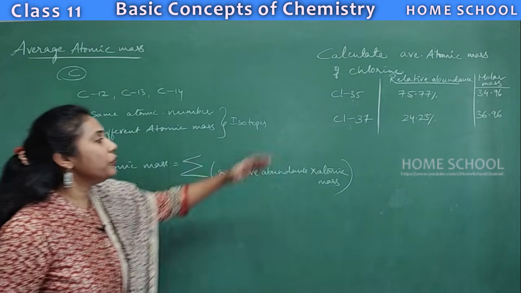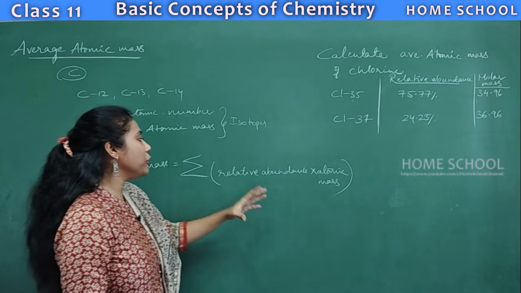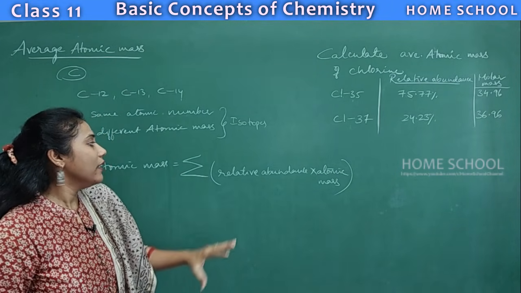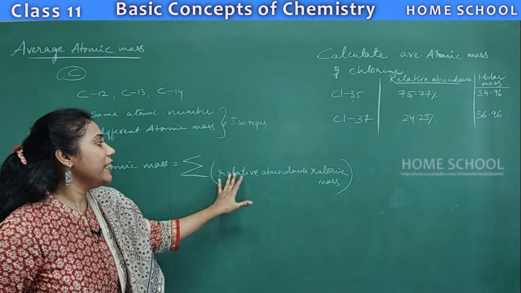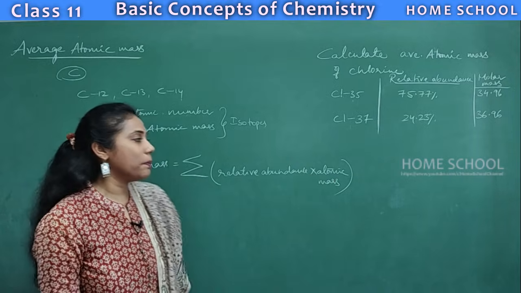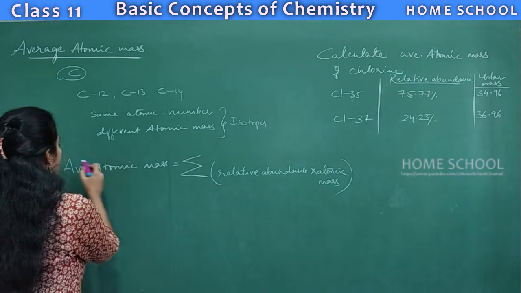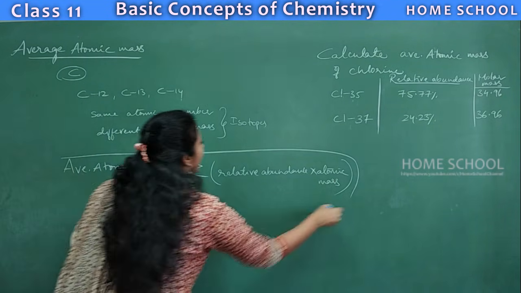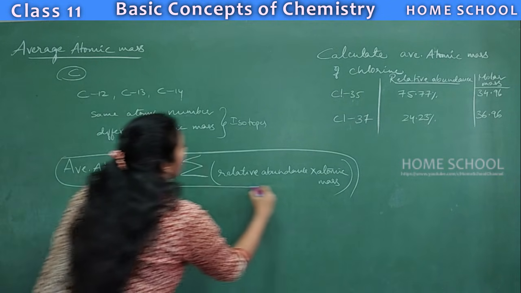So if you have two isotopes, you have to add the product of relative abundance and atomic mass. This is your formula to calculate average atomic mass.